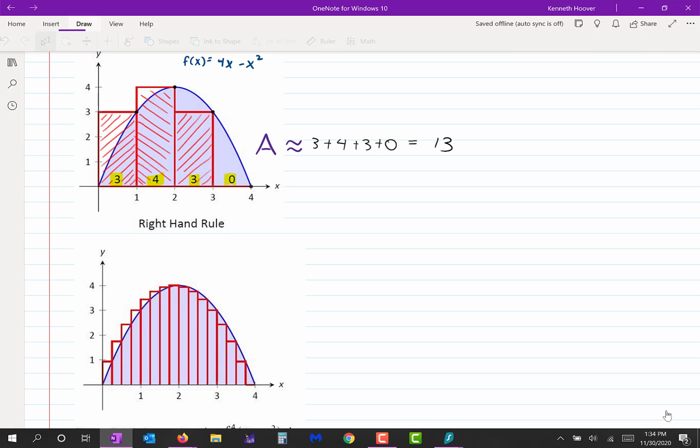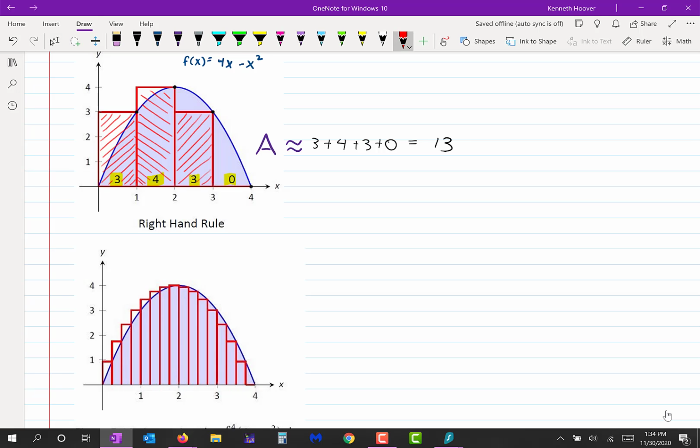And so if you were to add up the areas of all of these rectangles, it would give you an answer that is close to the blue area. Do you see how that's working?